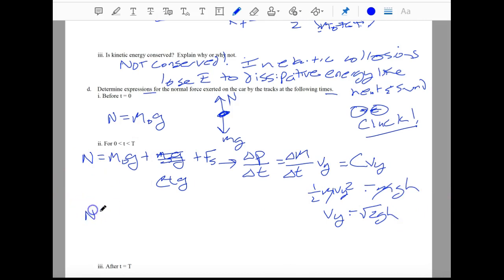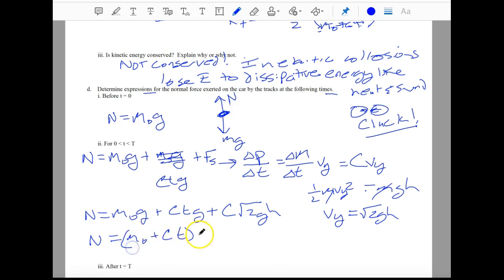So N is equal to M0g plus Ctg, plus C times Vy, and we said Vy is equal to the square root of 2gh. If you want to simplify this, you can factor out a g, and we can make it N is equal to M0 plus Ct, times g, plus C square root of 2gh. And so that is that part.